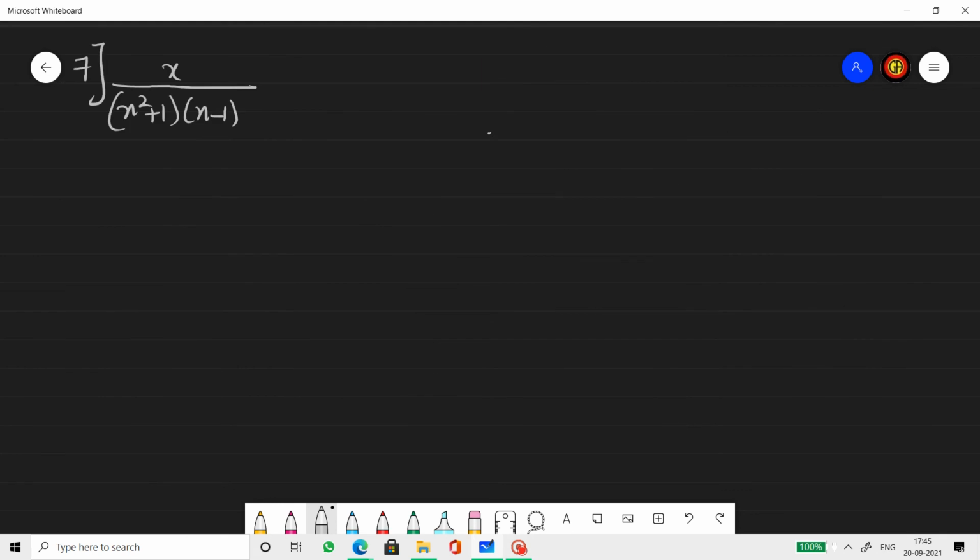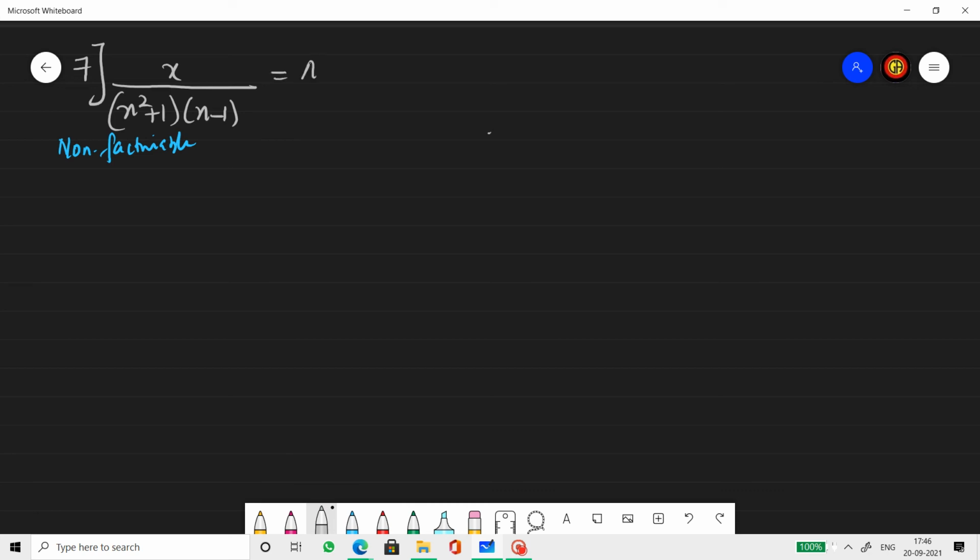So the next type is the 7th one, where you find that the denominator contains x minus 1 and x square plus 1. X square plus 1 is a non-factorizable quadratic equation. When I say non-factorizable, it means no real root exists for that. Hence, we separate using the last type.